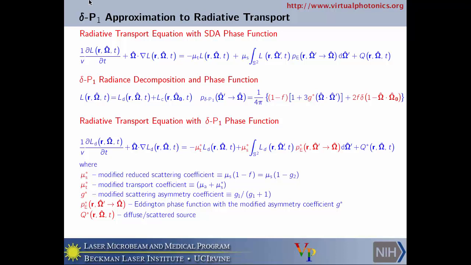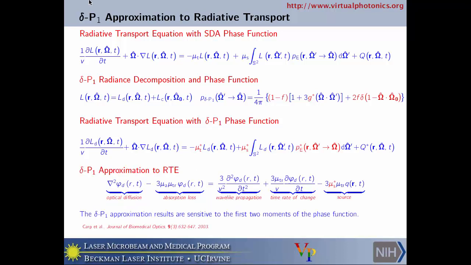And so when you do that, you get the delta P1 approximation to the radiative transport equation, and you find that the form of the equation is exactly the same, except that the coefficient for the source term, which is the collimated term, gets altered, okay? And so this just describes the diffuse light in the medium.